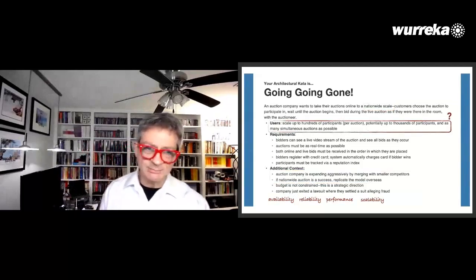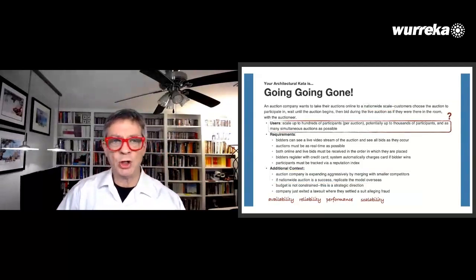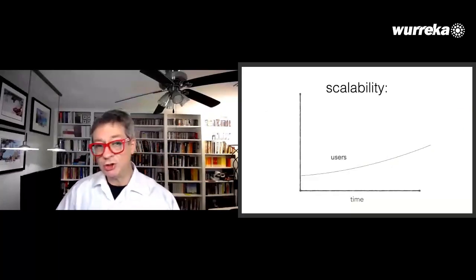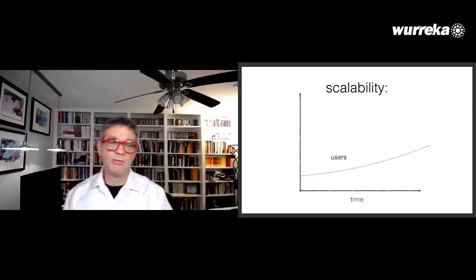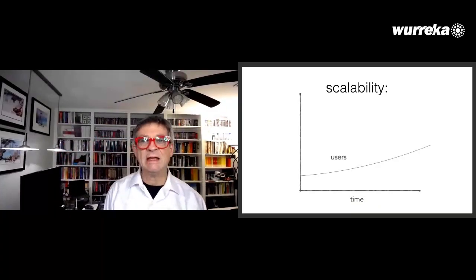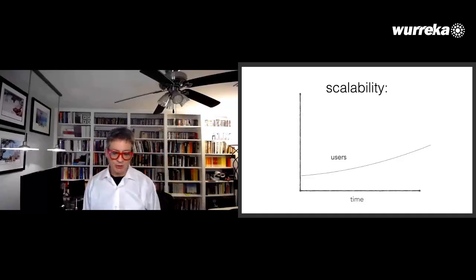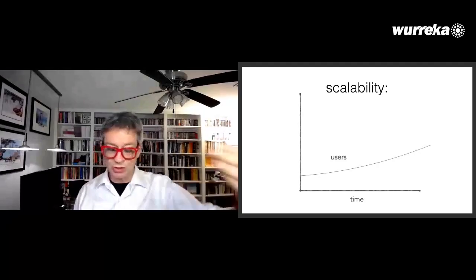Scalability is typically the ability to support a large number of concurrent users as people log onto the website, with some sort of performance SLA. But if you look at the nature of an auction, what happens toward the end of an auction? People get more and more excited, and more bids come in, and more people show up.